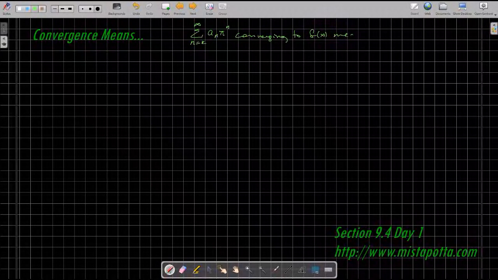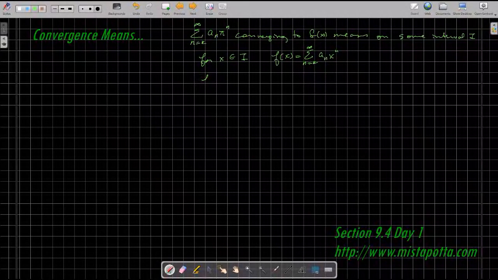What this means is that if it converges on some interval I, then for values of x in that interval, f of x is really equal to the sum of a sub n x to the n for n equals k to infinity.